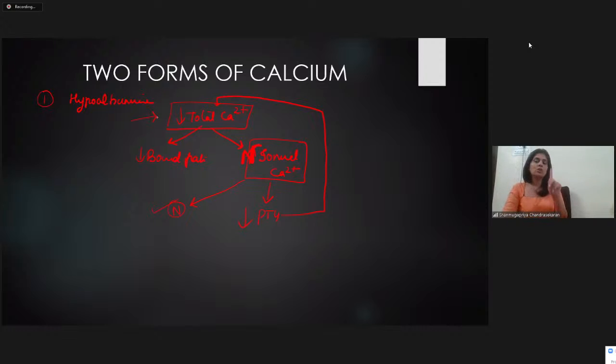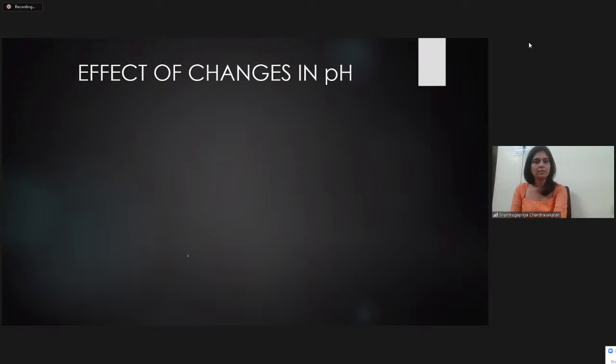So I'm going to repeat this. If a person has got hypoalbuminemia, for a given total calcium, the bound fraction automatically decreases. So for a given total calcium, automatically ionized calcium increases. And this increase in ionized calcium is only a momentary change. Because as soon as there is an increase in ionized calcium, parathormone is no more released.